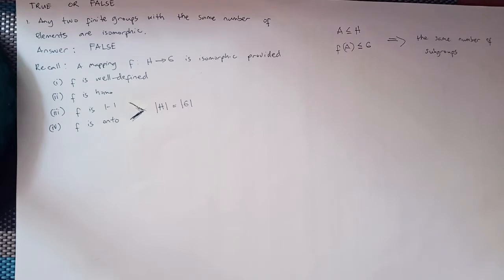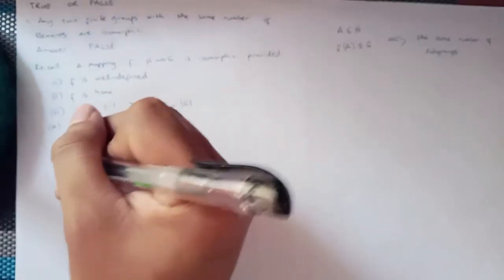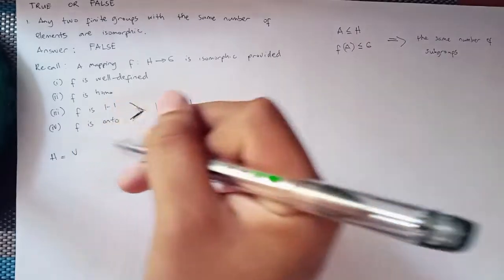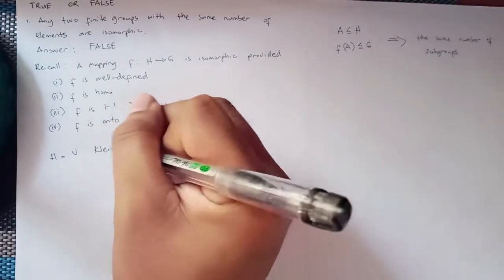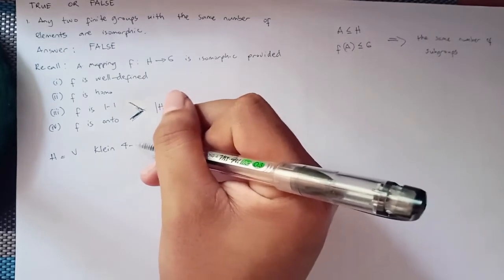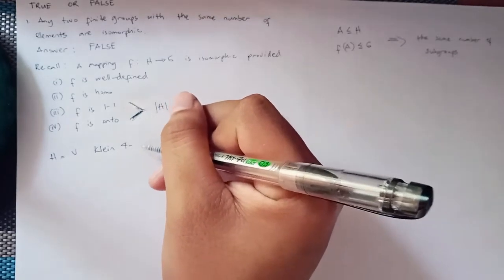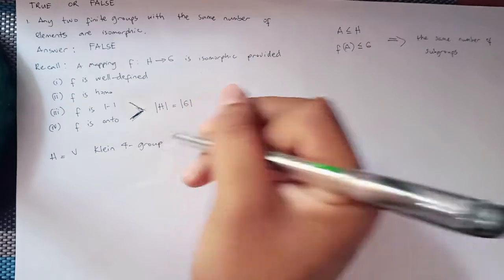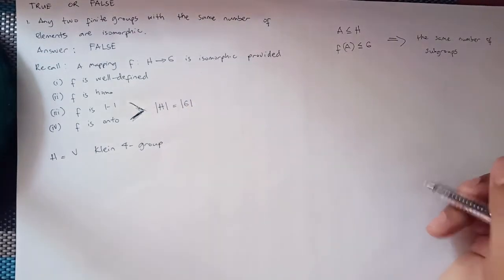So now let us consider H to be the Klein-four group. If you don't know what a Klein-four group is, then you can search on Google what it is.